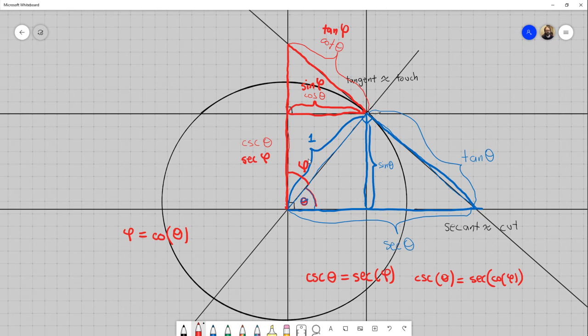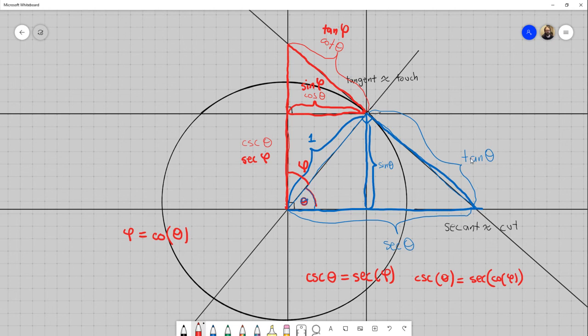I guess this picture here helps us understand geometrically, or we get some etymology. We got this tangent line where tangent corresponds to touch, and the secant line where secant corresponds to cut, and the tangent of theta is a length along the tangent line, and the secant of theta is a length along the secant line.